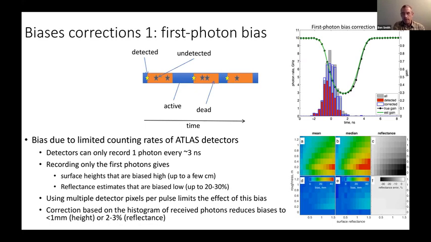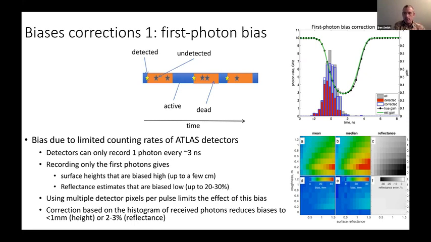The thing that we've done in the design of ATLAS to correct for this problem was to have this array of detectors. Each detector is on average likely to get hit by about 0.7 photons from each return, from a strong return from the surface. So it's somewhat unlikely that each detector gets hit by more than one photon.